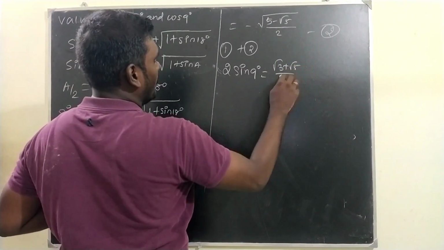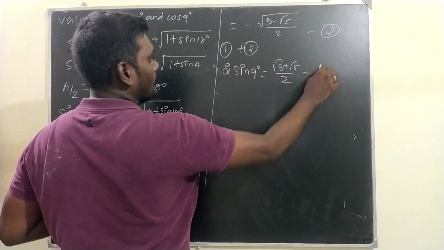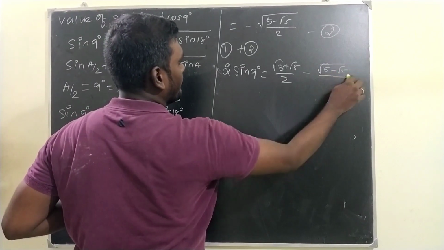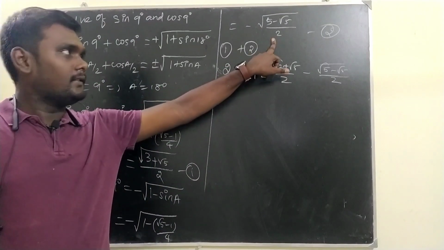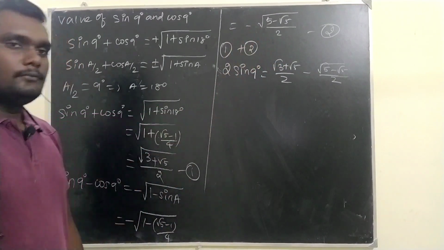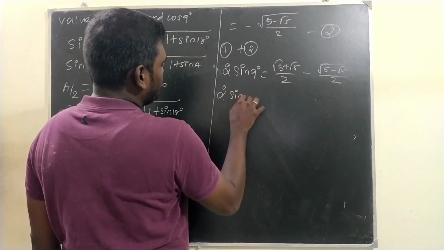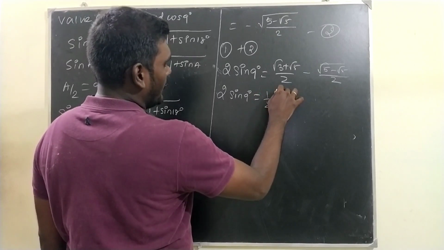Root of 3 plus root 5 by 2 minus root of 5 minus root 5 by 2, right? The other value. Plus means here already it is minus there. Okay. Then 2 sin 9 degrees, the 1 by 2 we can take it out.